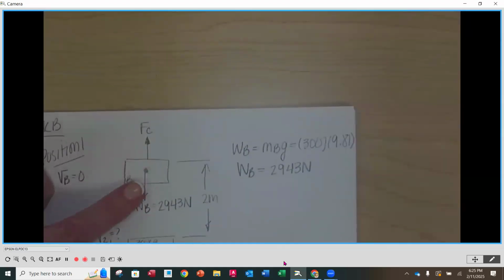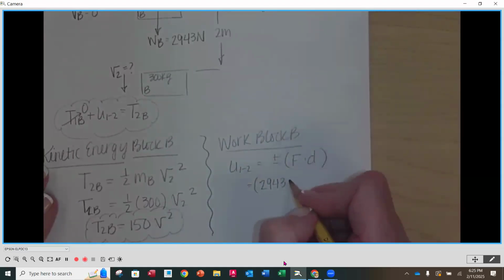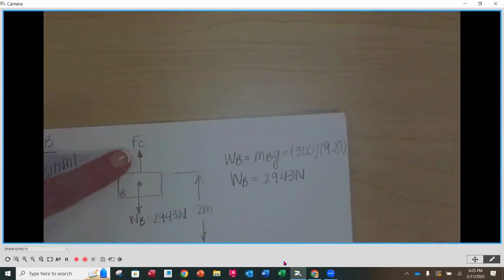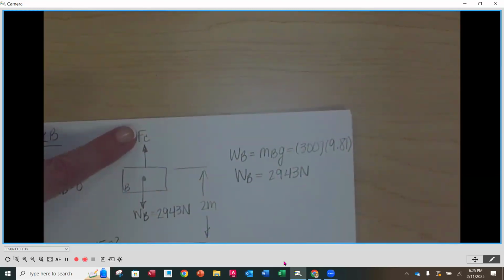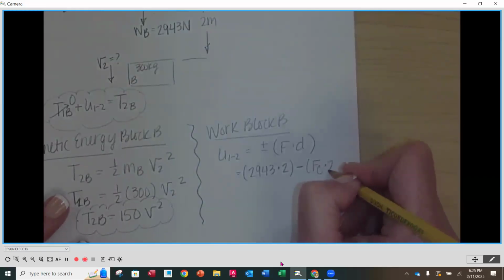So our first force is going to be the 2,943. That's the weight going down. It's going in a positive direction. And we're going to multiply that by 2 meters. Minus, and I put a minus for the FC because it's pointing up. It's going in the opposite direction. So FC times 2.